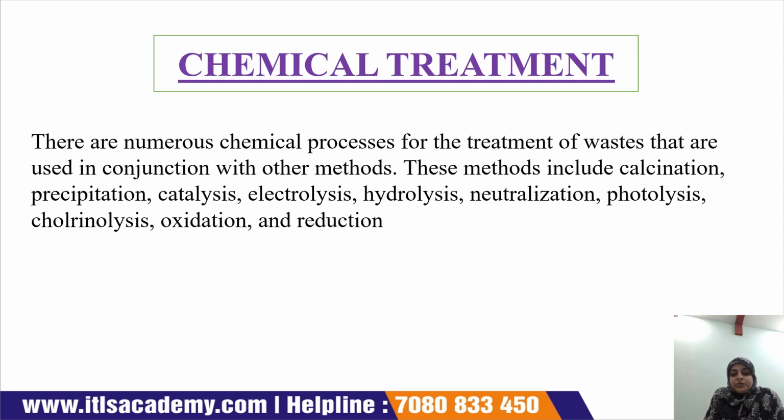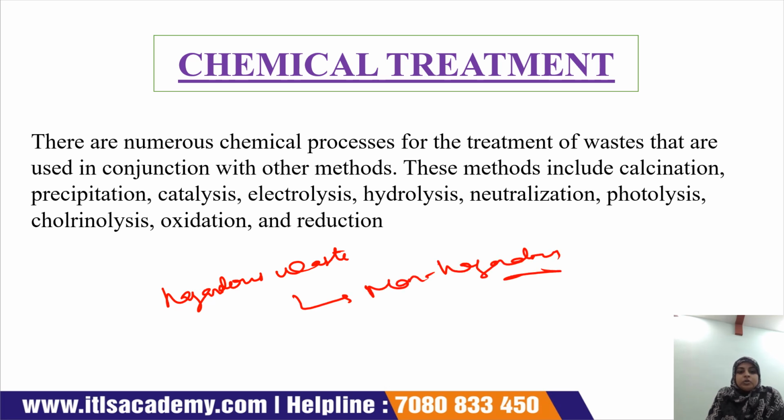Now the next treatment after the physical treatment is chemical treatment. Okay, so we all know that in chemical treatment, what we do is convert the hazardous waste into non-hazardous waste. There are numerous processes for the treatment of waste that are used in conjunction with other methods.